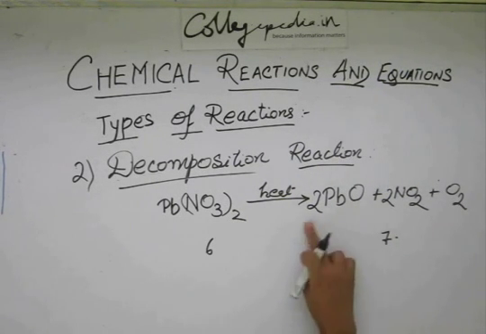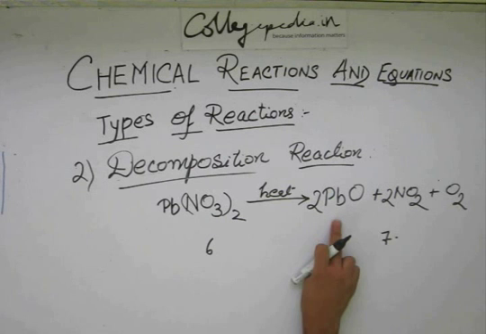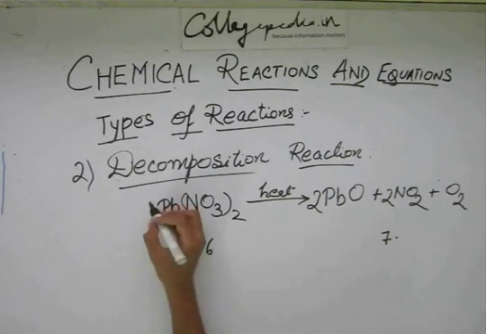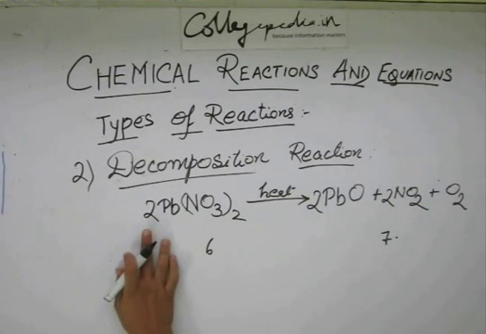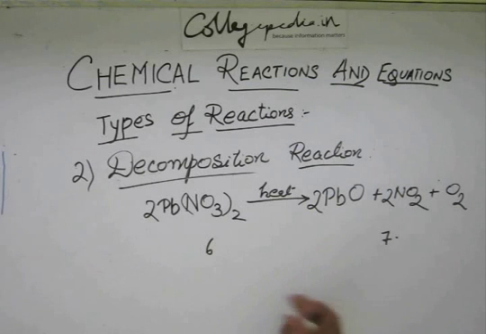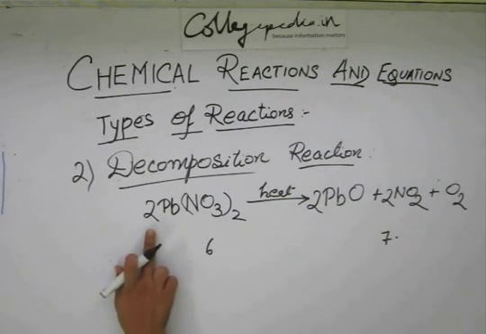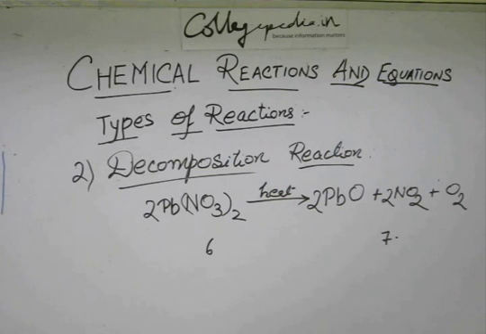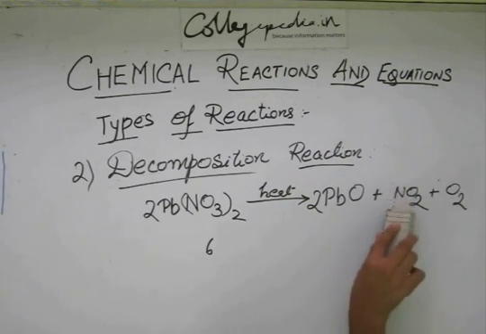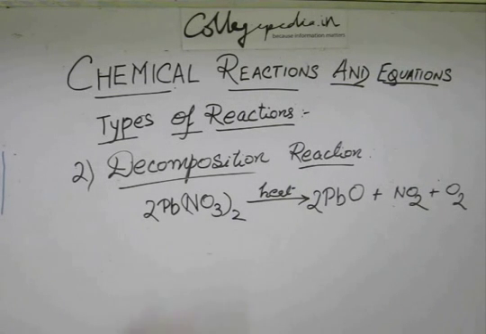Now lead has also got multiplied by 2, so you write 2 over here. Now the whole thing has got multiplied by 2. Now what happens is that there is 4 nitrogen. So if there is 4 nitrogen and there is 2 nitrogen over here, so instead of making this 2, you rub it.